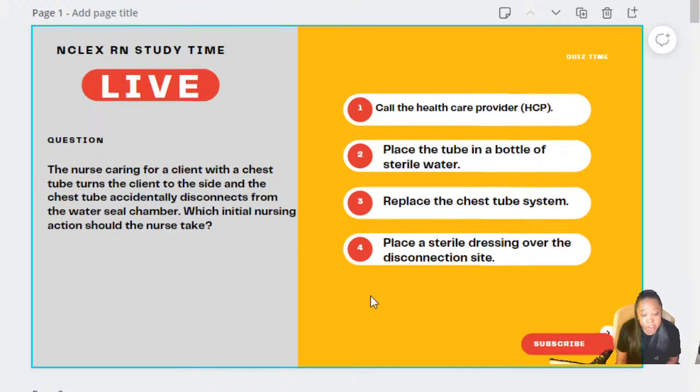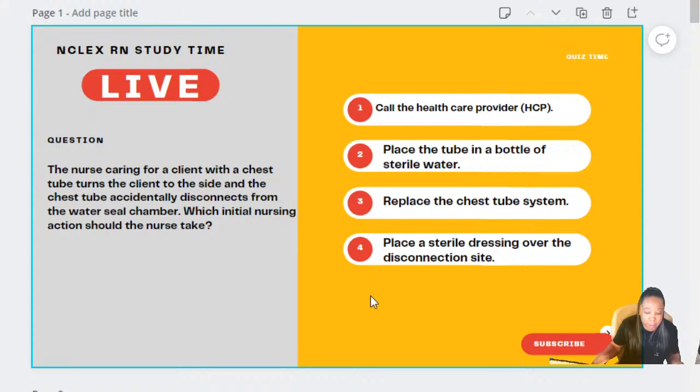Since the tube is disconnected from the chamber, not from the patient, the patient is in danger if you don't act quickly, because what is helping the patient right now is the chest tube.